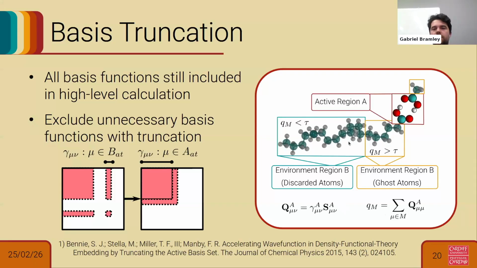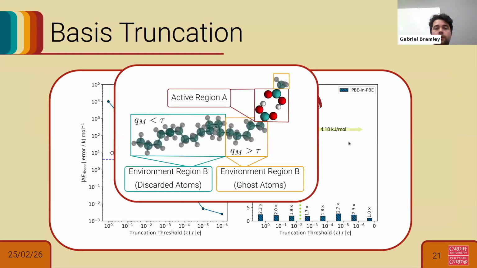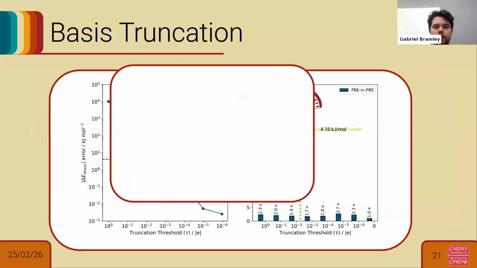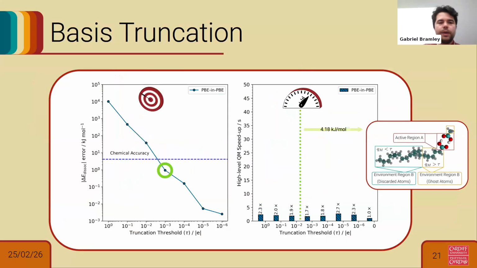And if it doesn't contribute a significant amount to the inner active region, then we just exclude that basis center and we remove those basis functions. So let's go with the example that I've just shown. This is an organic acid dimer. And what we have here is effectively what happens when we decrease the truncation threshold, which is measured in standard charge units.